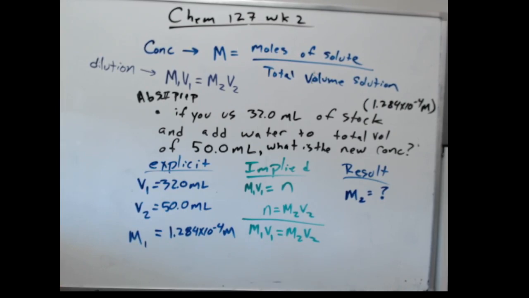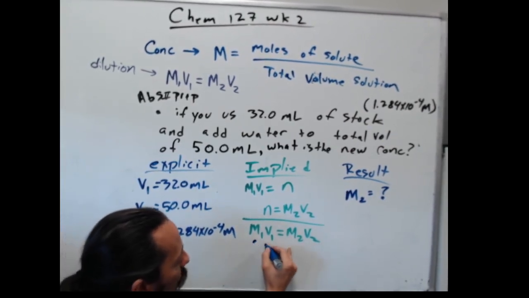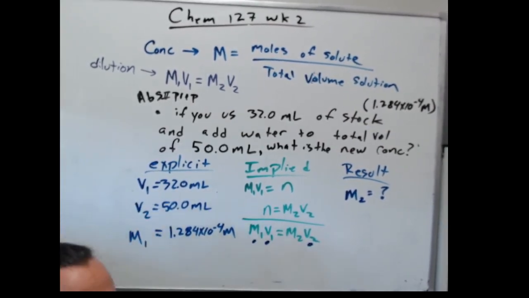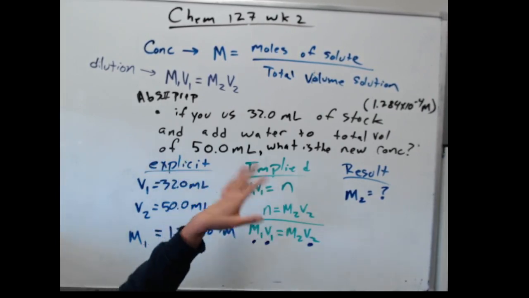And now I can plug things in. I've got V1, I've got V2, I've got M1. So in terms of things I know, I've got 1, 2, 3 of these things in the equation. Now I can just rearrange and solve for M2. Does that make sense? Yeah. Right, so for me, this thought process, because I get lost in the words sometimes.